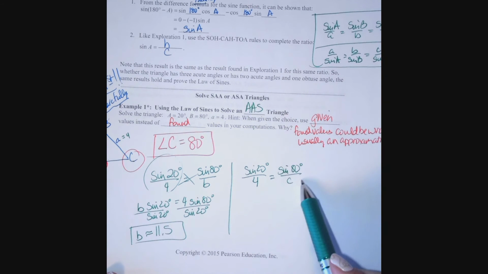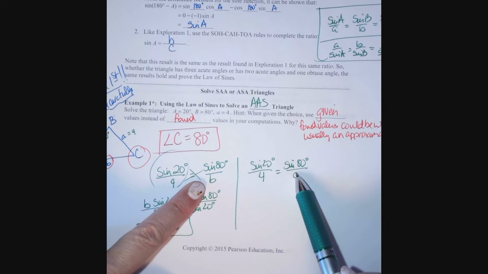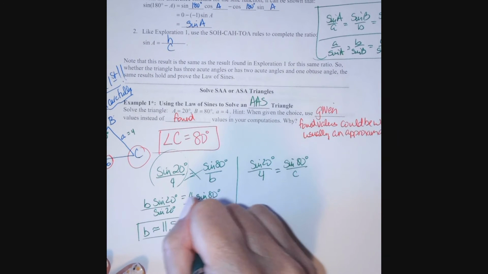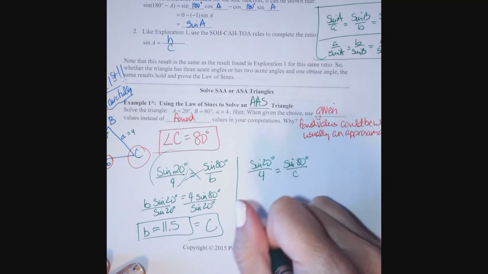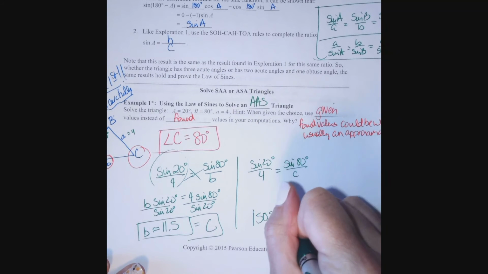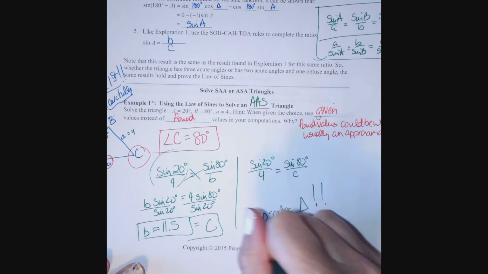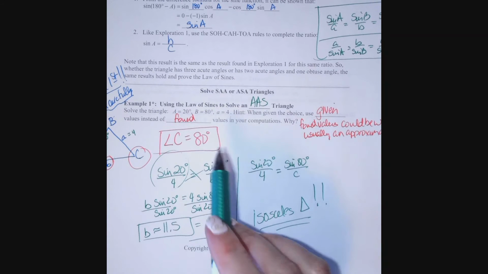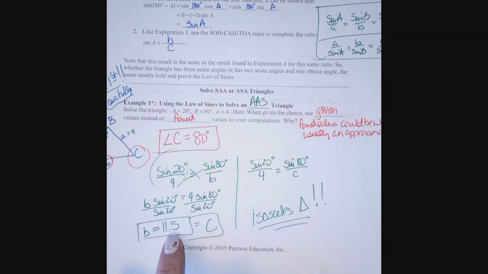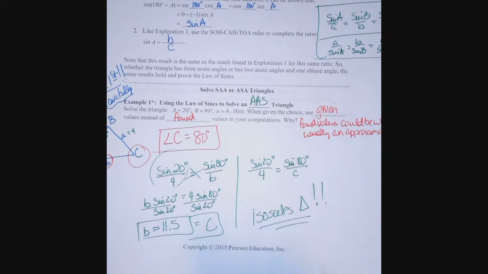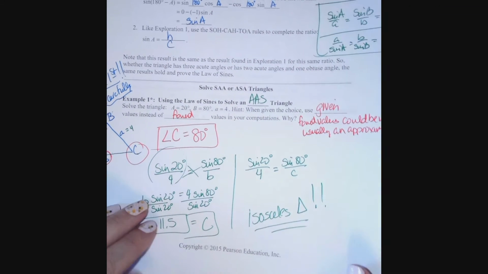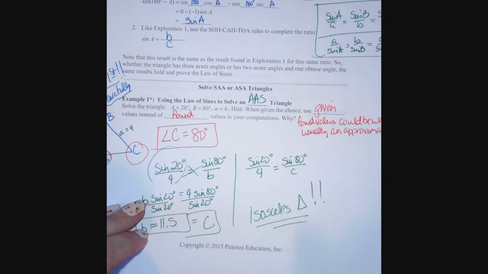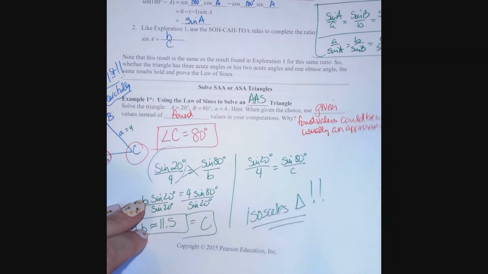So when I go to solve for side C, it's going to be the same as side B because this is an isosceles triangle. An isosceles triangle has 2 equal sides, which means it has 2 equal angles. So when I know that I have two equal angles, I know that these two sides are going to have the same measure. Okay, so we know all three sides, we know all three angles, our triangle is solved.